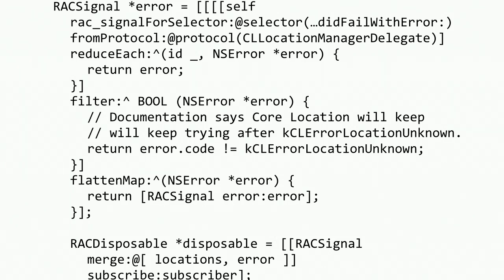So we have a filter because we want to ignore that, because we don't want the signal to cancel unnecessarily. And finally, we use the flattenMap operator, which allows you to take a value and basically make a signal out of it. So in this case, we're using RACSignal error to lift an error value into an error signal. So the result here is that this error signal, all it can do is send an error or do nothing.